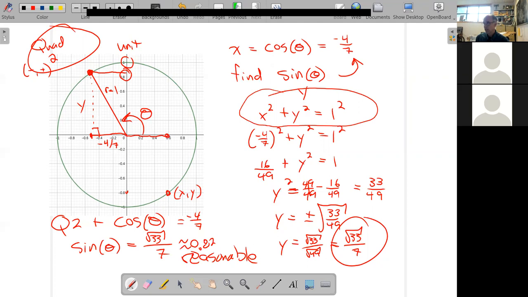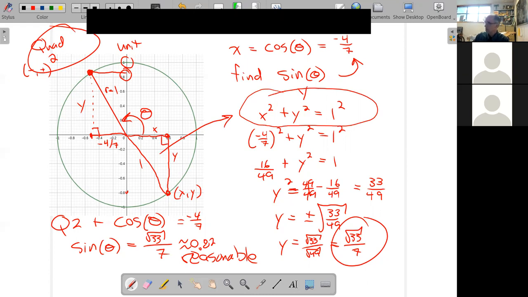So maybe I'll draw that like this right here. And that makes a right triangle there, where this leg of the triangle is x, this leg of the triangle is y, there's the right angle and there's 1. And the Pythagorean theorem says that's the relationship between x, y, and 1 because it's a right triangle.